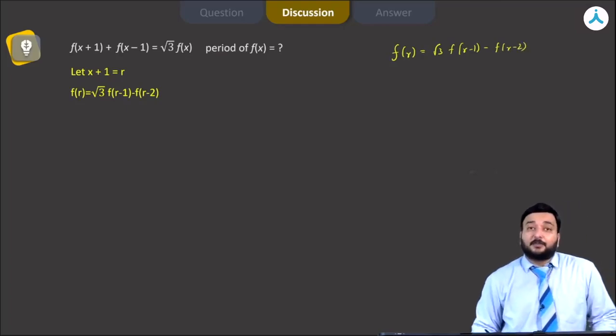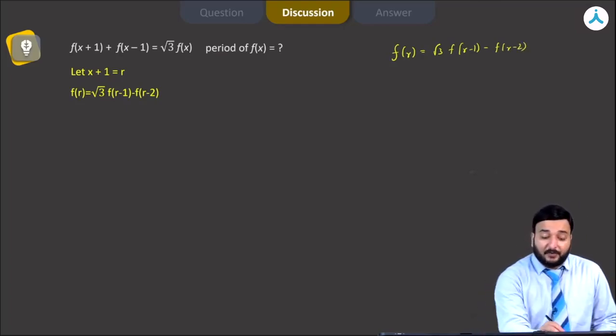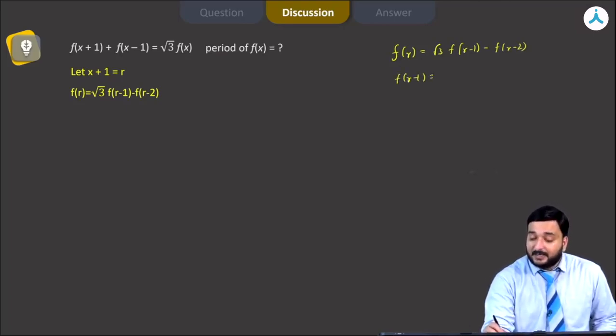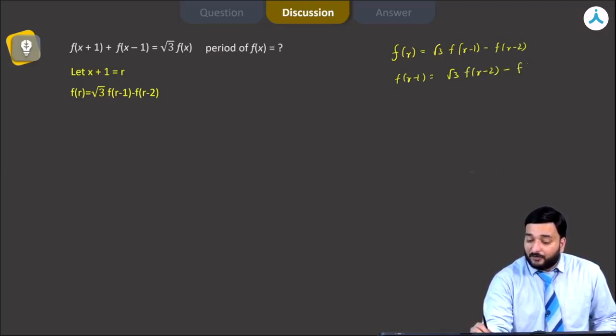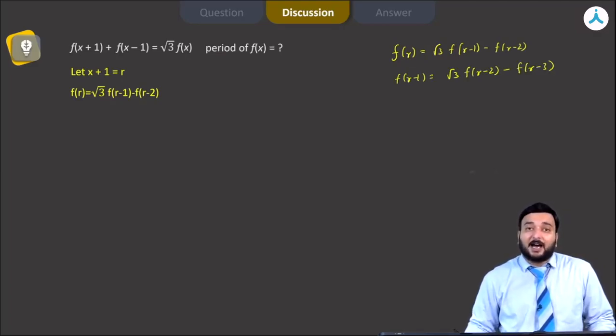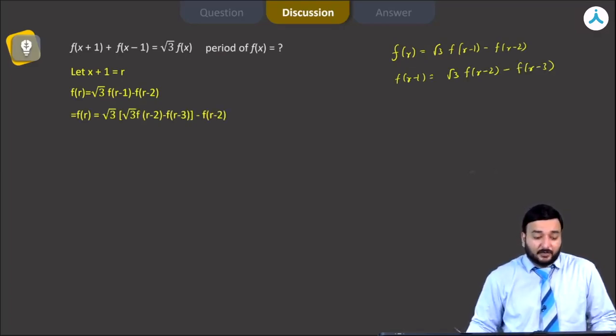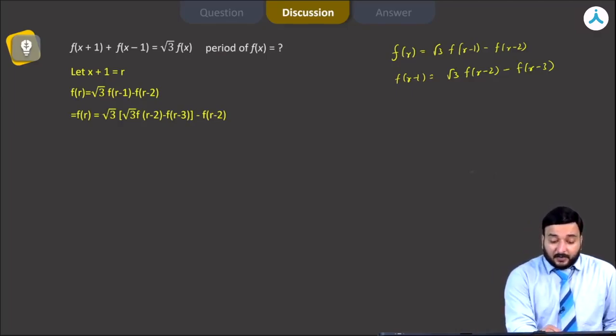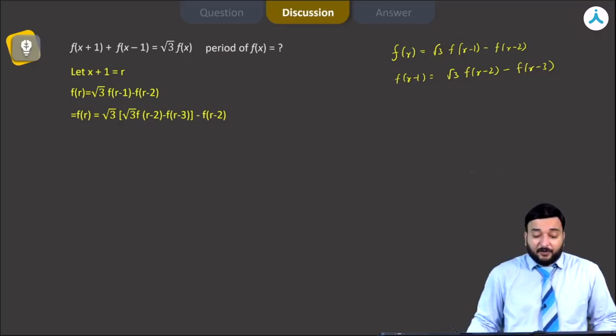Now the very first time I am going to use it for finding the value of f(r-1). So f(r-1) is √3 f(r-2) - f(r-3), since in place of r we have replaced r-1. So we will get f(r) = √3(√3 f(r-2) - f(r-3)) - f(r-2).